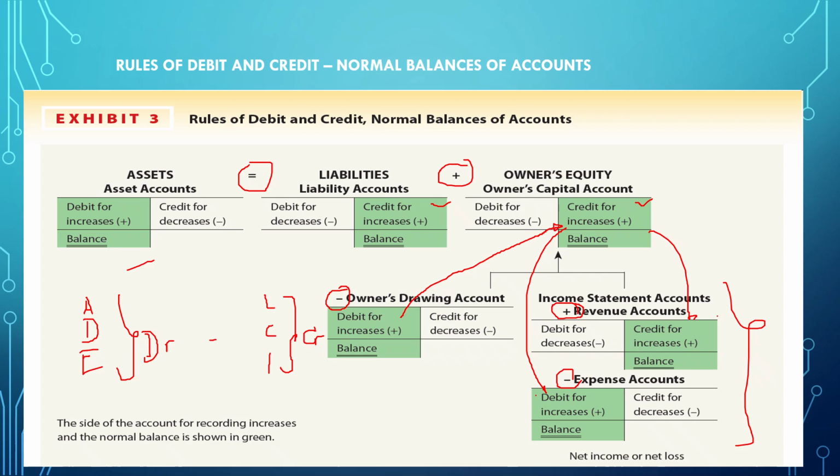Okay? And always debits are equal to your credits. That's the rule. So the normal side again is your increase side. And once we go to the opposite side, that's your decrease side.